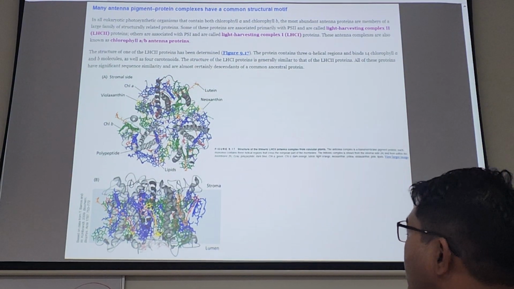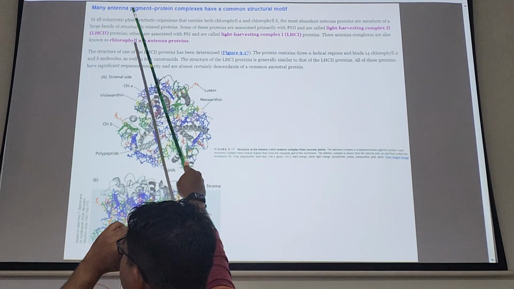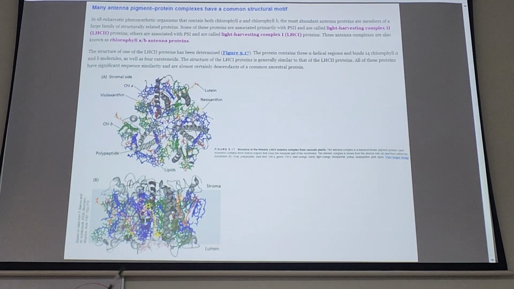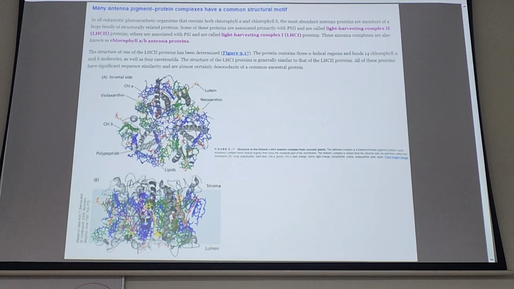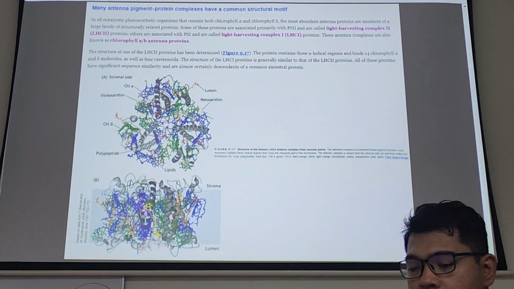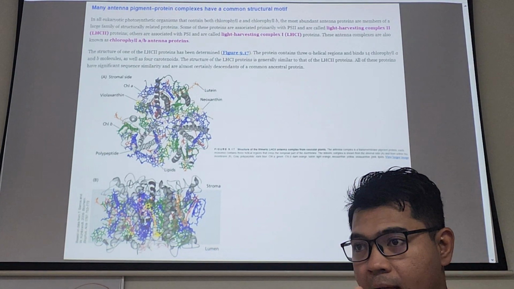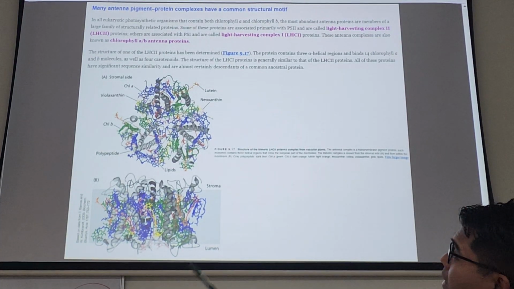Right. This is the 3D model of the antenna pigment complex. Just now you saw it written as antenna complex. What is that actually?